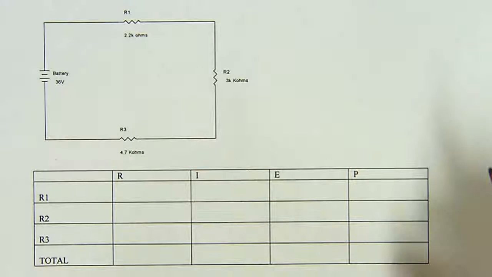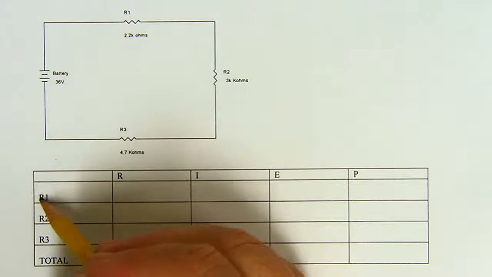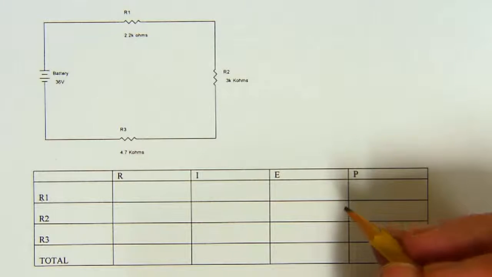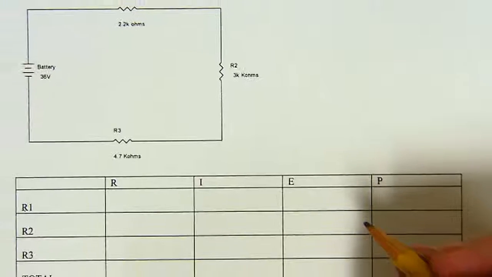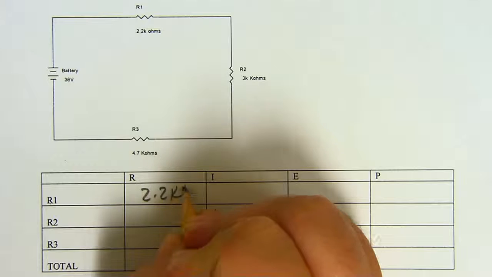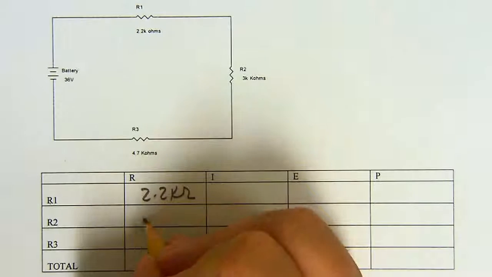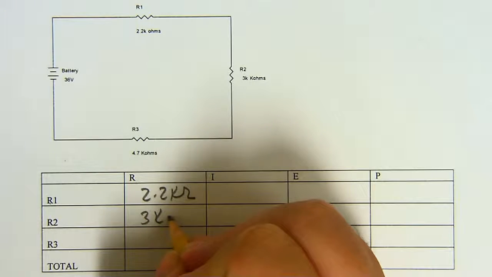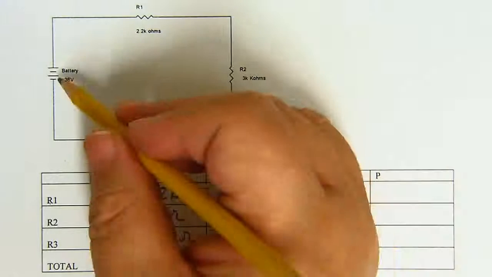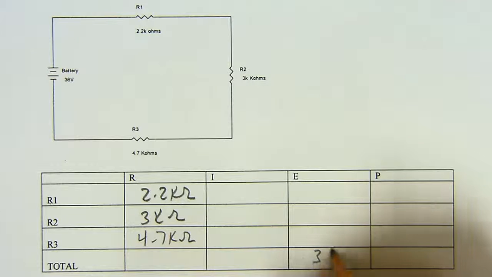So first thing we want to do is fill in our given values. R1, 2.2 k ohms. R2 is 3 k ohms. And R3 is 4.7 k ohms. And our given voltage is 36 volts.